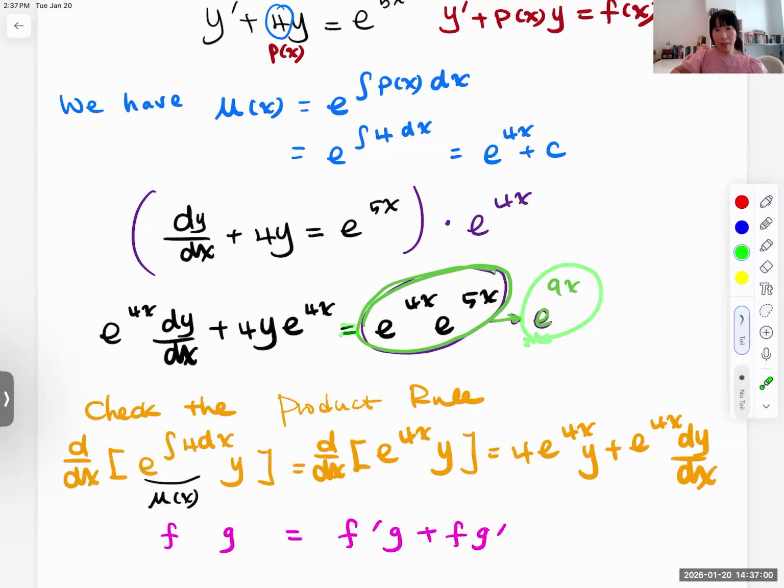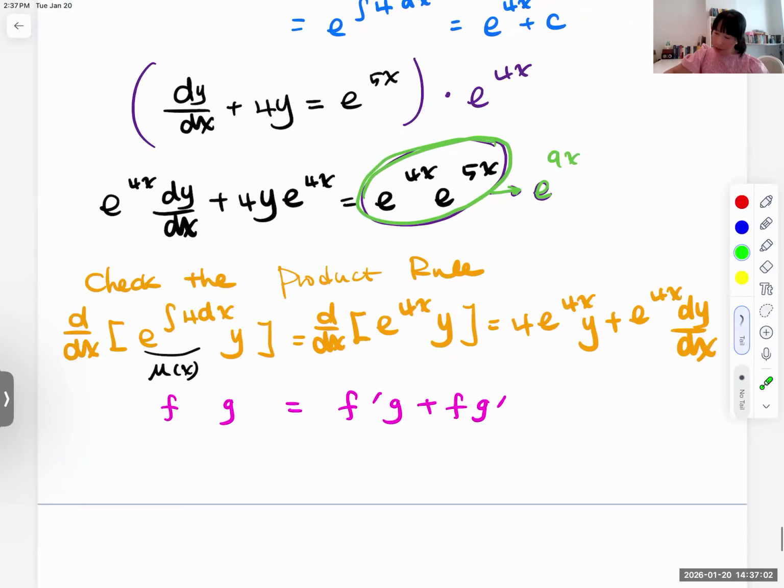Can you see that? Make sense? Because they said so here.